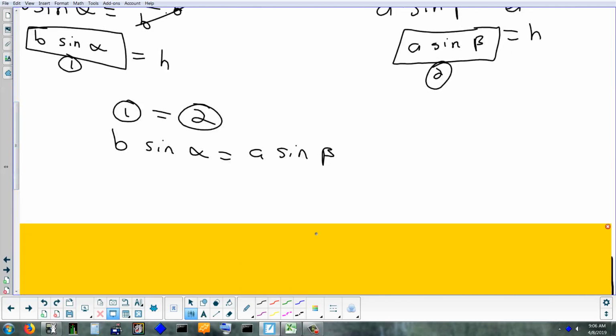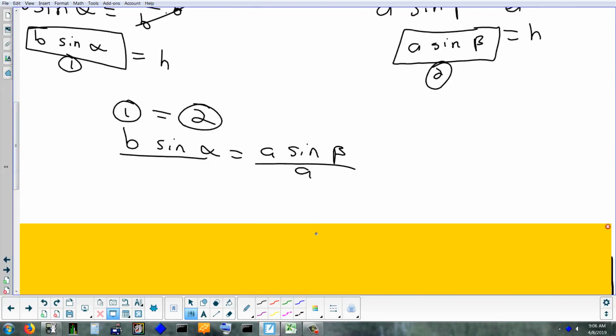The only thing they usually do is put all the A's on the same side as alpha and put the B on the same side as beta. So how could you move the A over to the other side with alpha? And how could you move the B over to the other side with beta? Divide it. So let's divide each side by A. That'll cancel out the A's there.